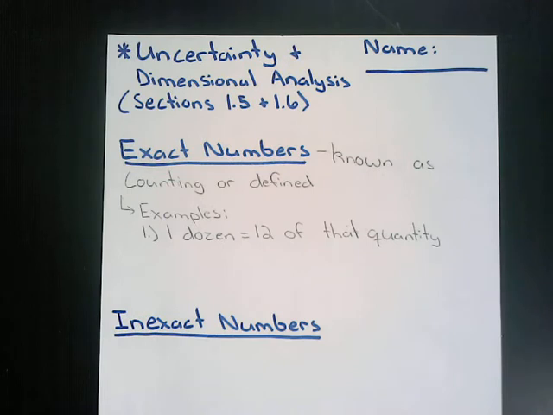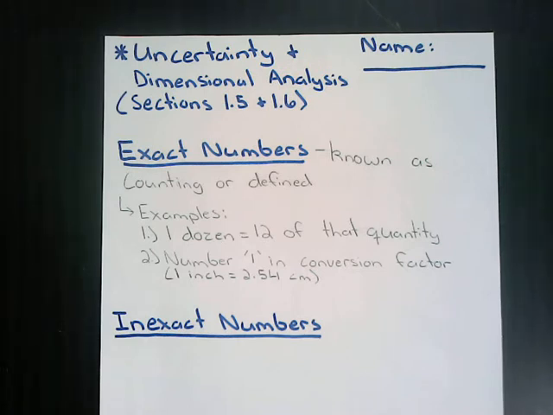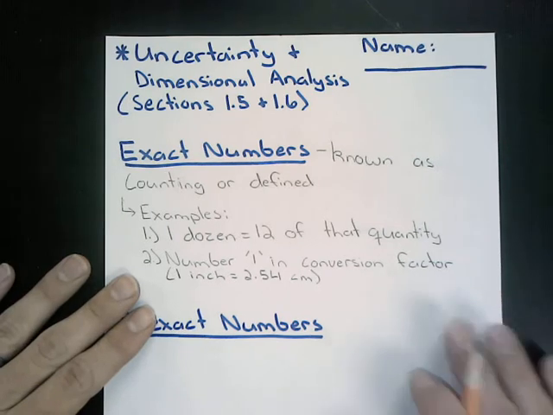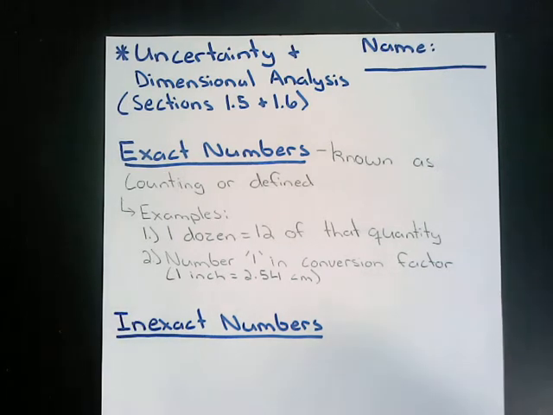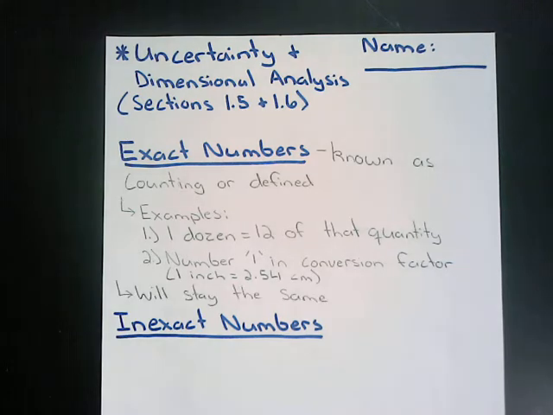Another example is the number 1 in conversion factors, such as 1 inch equals 2.54 centimeters. The biggest takeaway from exact numbers is that these will always stay the same. They're never going to alter or change. That's what we mean by a defined number.